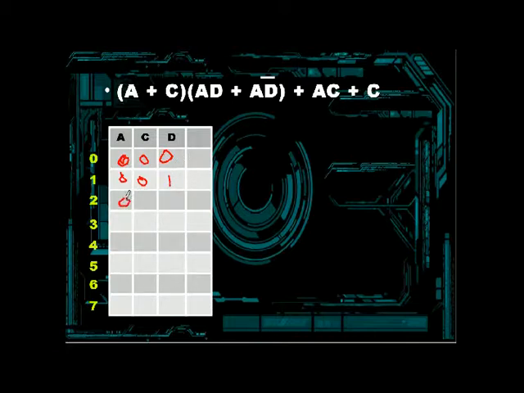What's the binary value for 2? For 3? This is the easiest way, and this represents all possible values for A, C, and D. I found out this is the easiest way. If I had 4 variables, I'd have 2 to the power of 4 rows, going from 0 to 15.